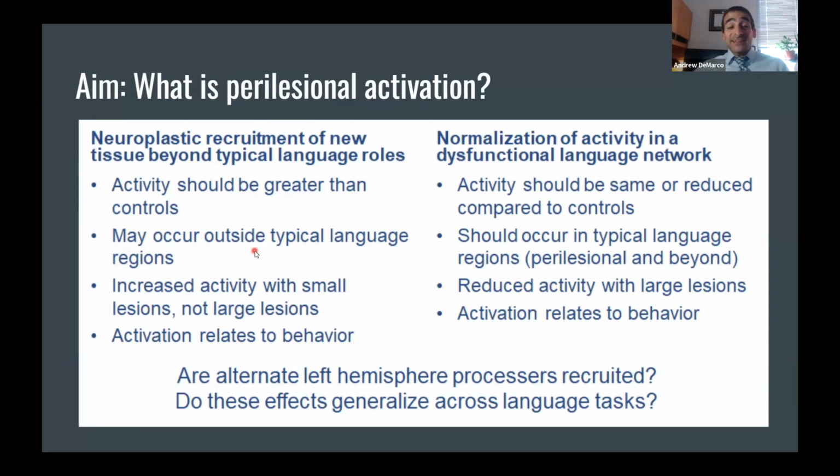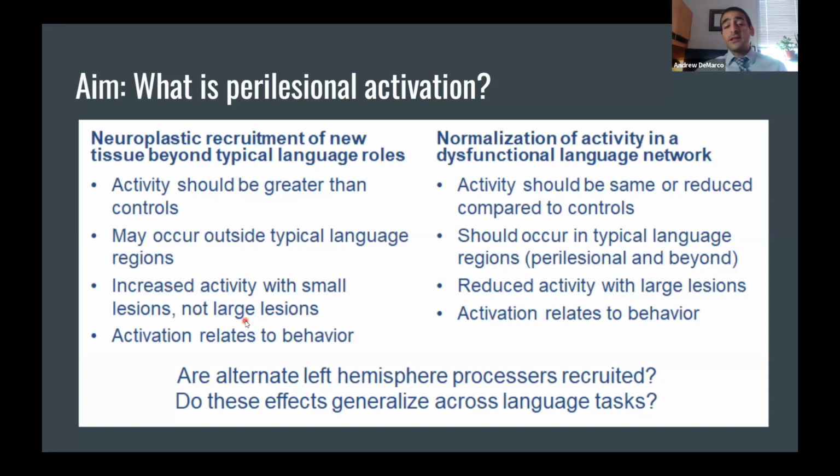the classic perilesional hypothesis, if that's the case, then we would expect in post-stroke aphasia that activity around the lesion should be increased relative to controls, and we might find activity outside of the typical language regions, right? If the perilesional tissue is outside regular language regions, and perilesional tissue is important, then we might find new activation there.